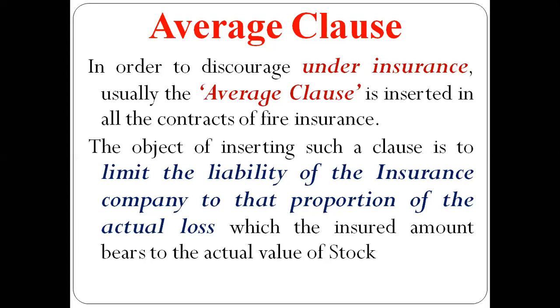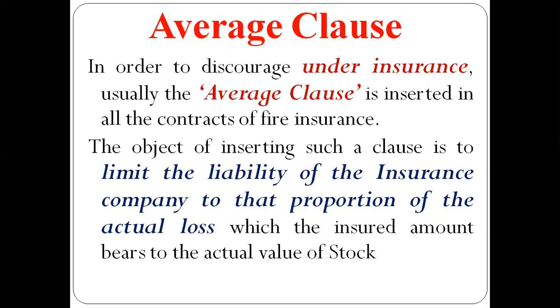In my earlier example, it will pay only 30,000. How did you get 30,000? That is 50,000 into 60%, right? So proportionately, the value of claim will be reduced, that proportion of the actual loss which the insured amount bears to the actual value of stock. So this is the actual concept of the average clause, right?